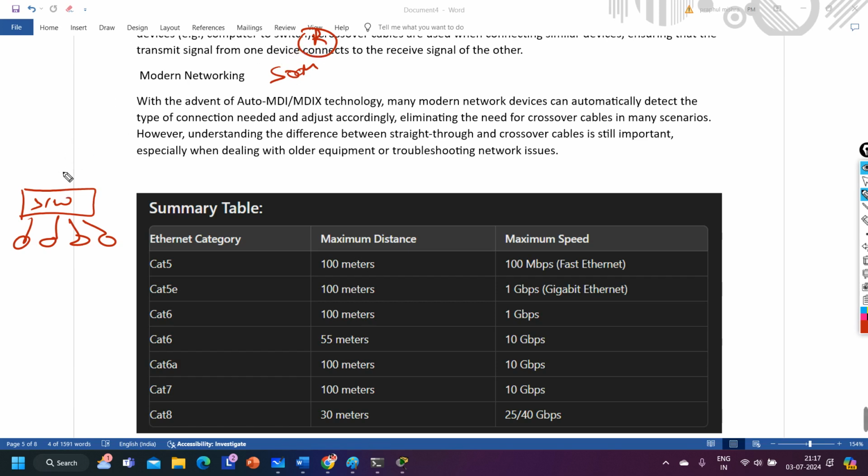How can I use it? Because the distance for each type of Ethernet cable is up to 100 meters only. If the distance is more than 100 meters, then you cannot use Ethernet cable directly. What I can do is place 5 switches between these two devices, then I can connect it through Ethernet cable. Yes or no?